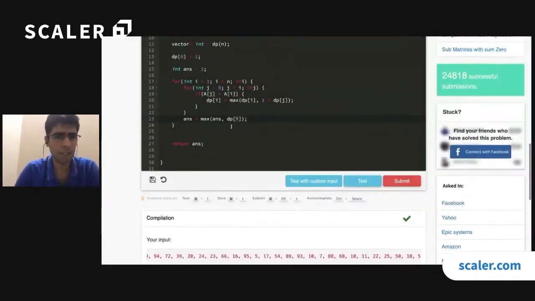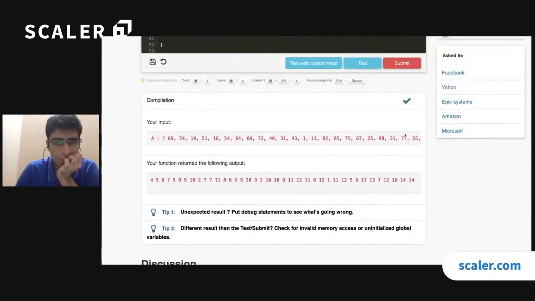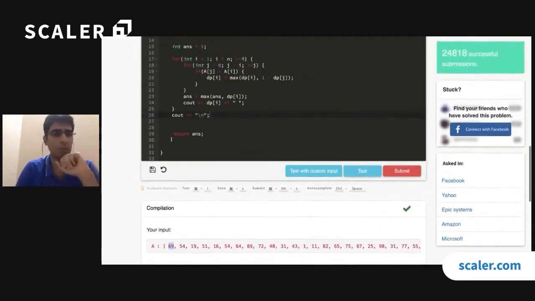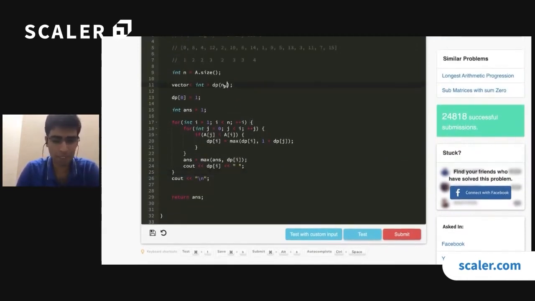Let me output my dp[i] at each stage. This is coming 14 and 14. This is correct. That is perfectly correct, and I'm not getting 14 anywhere else. So that is also fine. But I am getting this as 0. Okay, now I got the issue. Initially, the state of dp[i] should be 1, right? So initially each element will be dp of n, comma, 1.